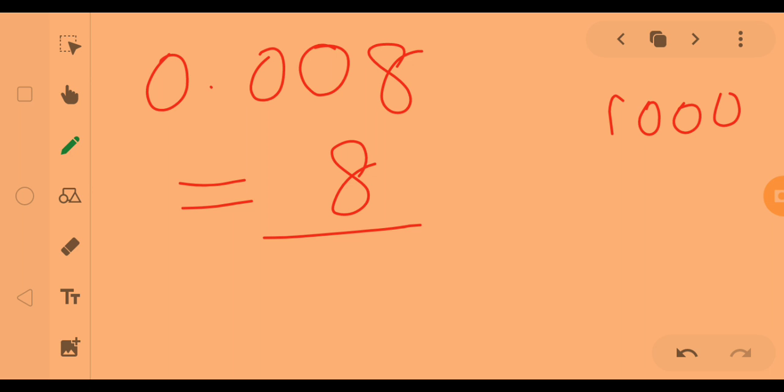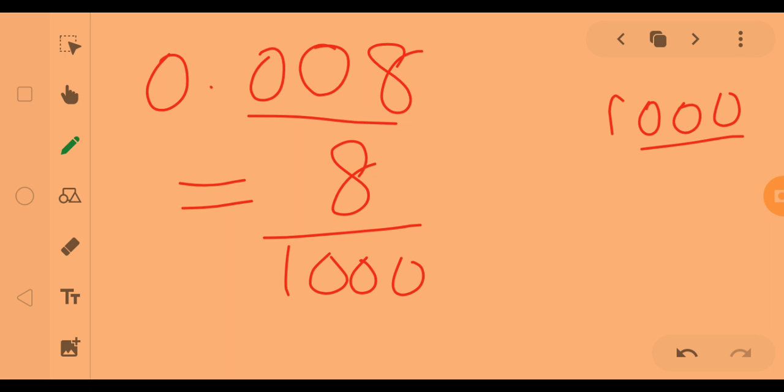We choose 10, 100 or 1000 by looking at the number of zeros and the number of decimal places. In this decimal number there are 3 decimal places, and in 1000 there are 3 zeros. That's how we determine whether the denominator is 10, 100 or 1000.